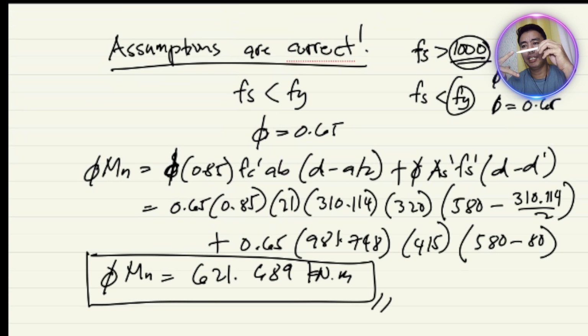Second case, ang compression nag-yield, ang tension wala. Ang third case, ang compression hindi nag-yield, ang tension nag-yield. Okay? Meron pa tayong fourth case. What will happen if both steel does not yield? Okay? So I leave that to you.